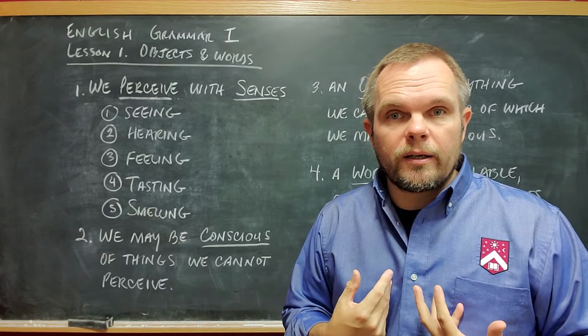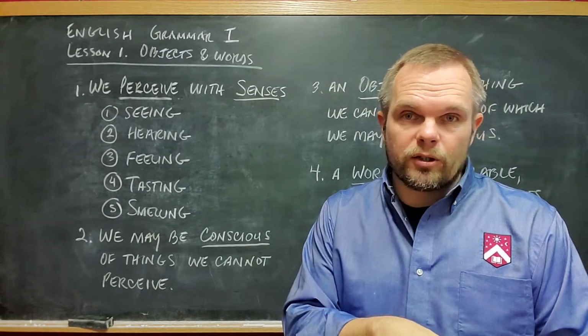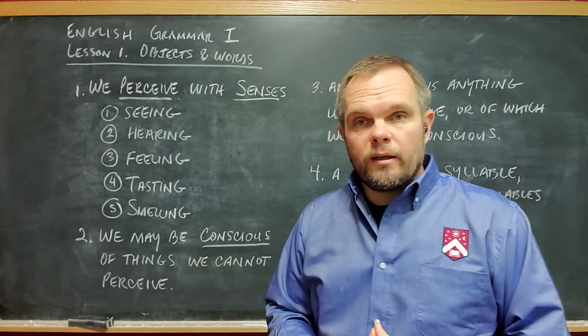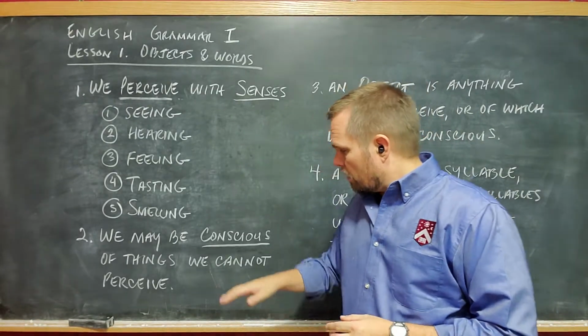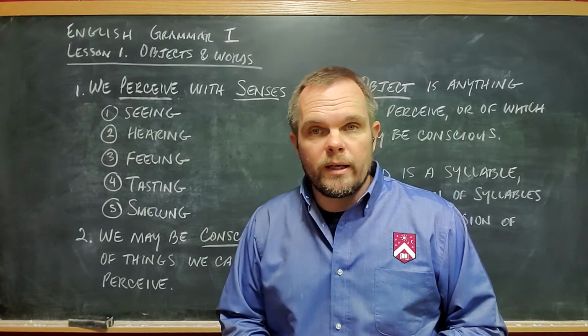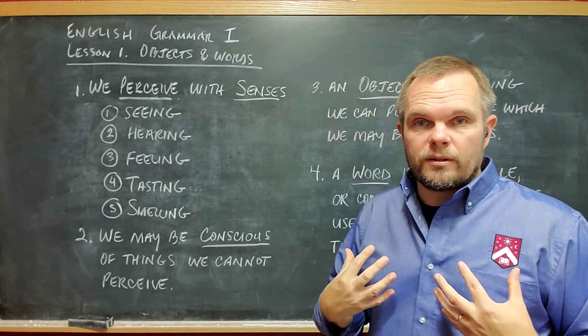Someone can write about it. Someone can draw a picture. And I can see a picture that allows me to know about something that I've never actually seen before. So we may be conscious of many things that we have never perceived ourselves with our senses. All right?